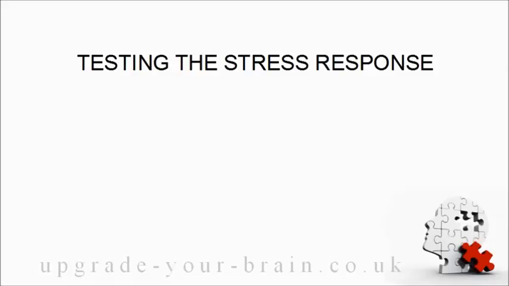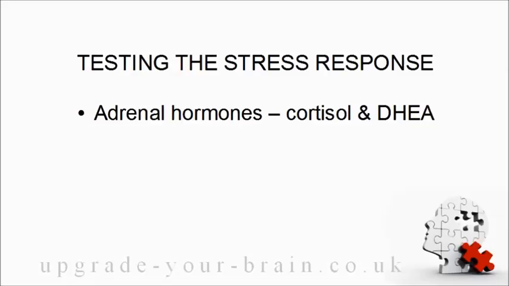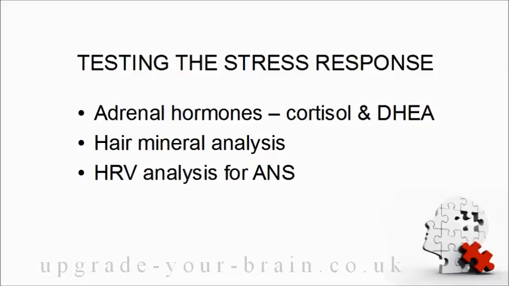And there are different ways to assess the stress response. First, you can have a look at the adrenal hormones, most notably cortisol and DHEA. Another lab test that gives a general impression of the stress response is hair mineral analysis. And an assessment that you can do at home using inexpensive equipment is heart rate variability, or HRV analysis.